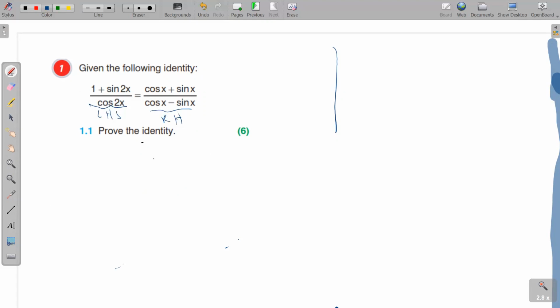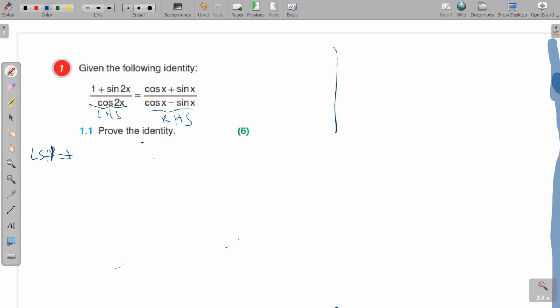After that, I will also solve starting from the right-hand side to the left. For all questions like this, you can use any one, but choose the easiest one. Which one is complicated? Both of them are complicated. Only one single fraction, both of them, and there is addition. The right-hand side has addition and subtraction. The left-hand side has only addition. Maybe the right-hand side is easier, but the left-hand side is also an important method.